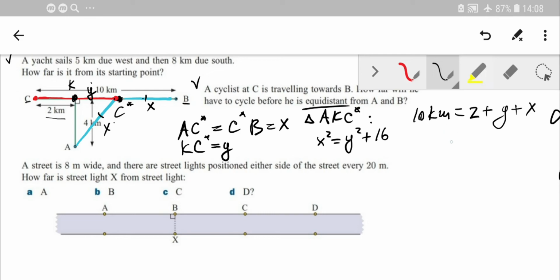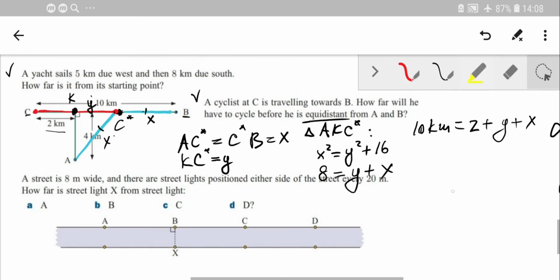So we can connect that 8 is y plus x, and of course we need to find y and x both, okay?